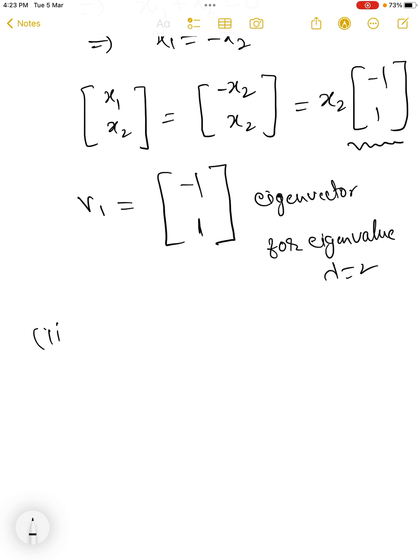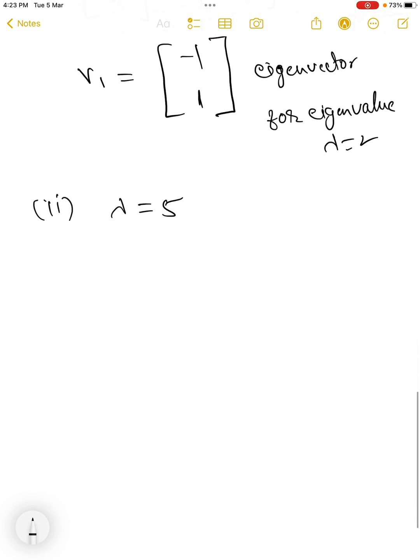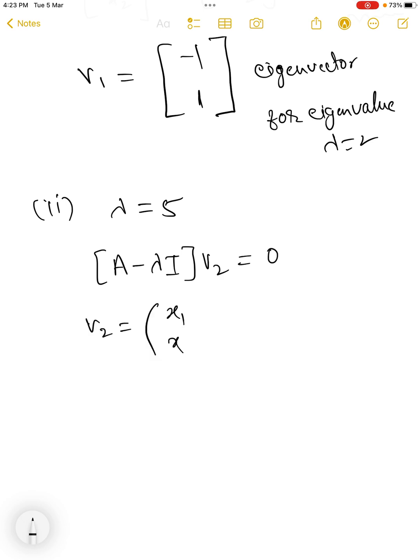Now our second task is finding eigenvector v2 for the other eigenvalue, lambda equal to 5. Again we take (A minus lambda I) v2 equal to 0, with v2 equal to [x1, x2].